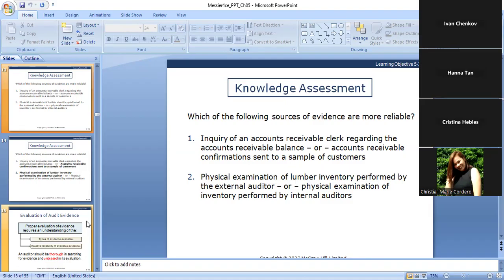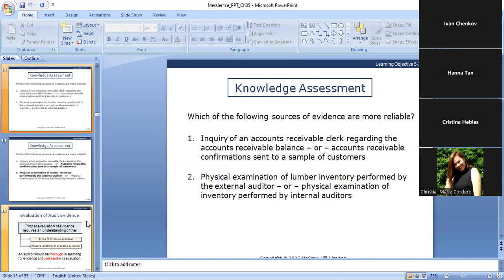They send a team of auditors to do the actual physical examination of the assets and inventory, so that they have solid ground as a starting point for their audit.